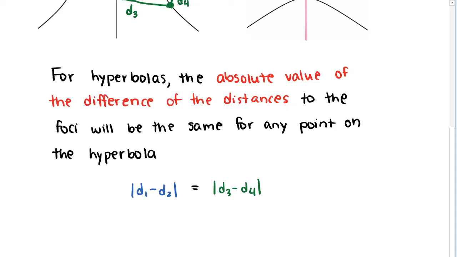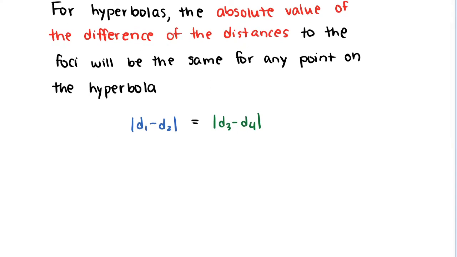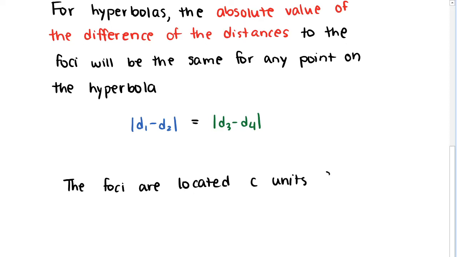And so how do we find the location of these foci? Well, let me just write it out. The foci are located c units away from the center along the transverse axis.